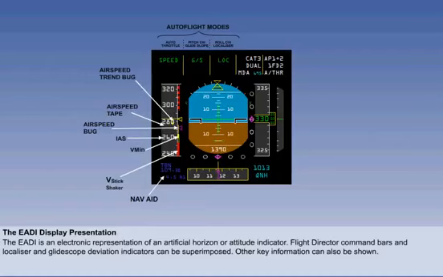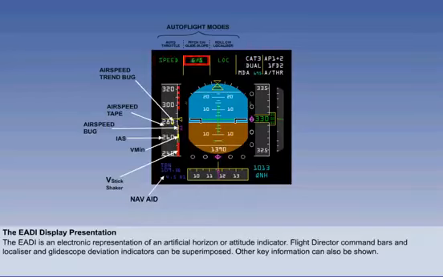Moving to the top of the screen display, we can see in green the auto flight mode selected. The speed symbol shows the auto throttle status. This displays whether takeoff and go-around power, which is TOGA for short, maximum takeoff power, climb power or thrust speed modes have been selected.